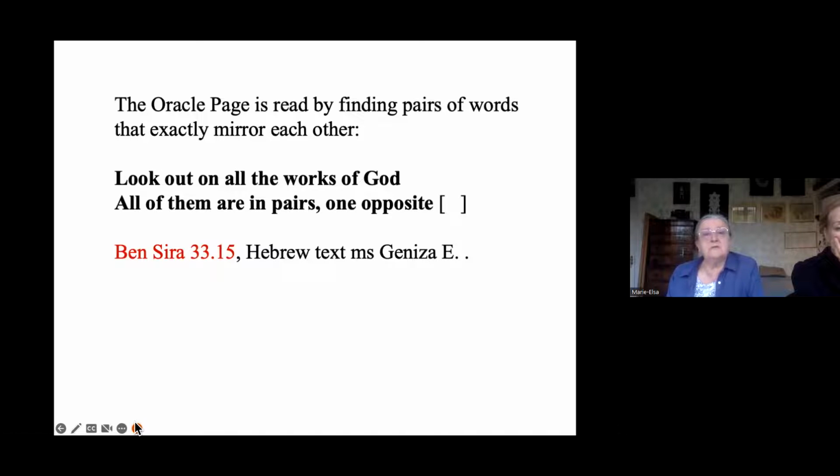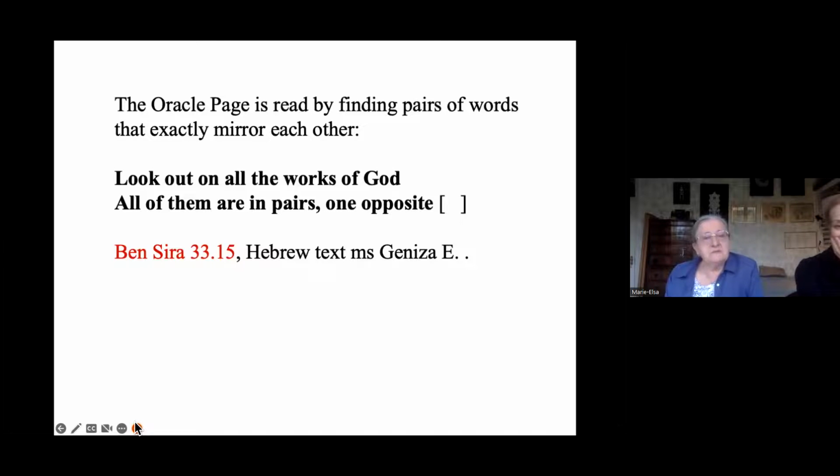So in the manuscript, the Hebrew manuscript of Ben Sira, now he's in the Apocrypha as Ecclesiasticus, but the English Apocrypha is translated from a Greek text of Ben Sira, which is very interesting. But the Hebrew text, which only exists in fragments, is even more interesting.